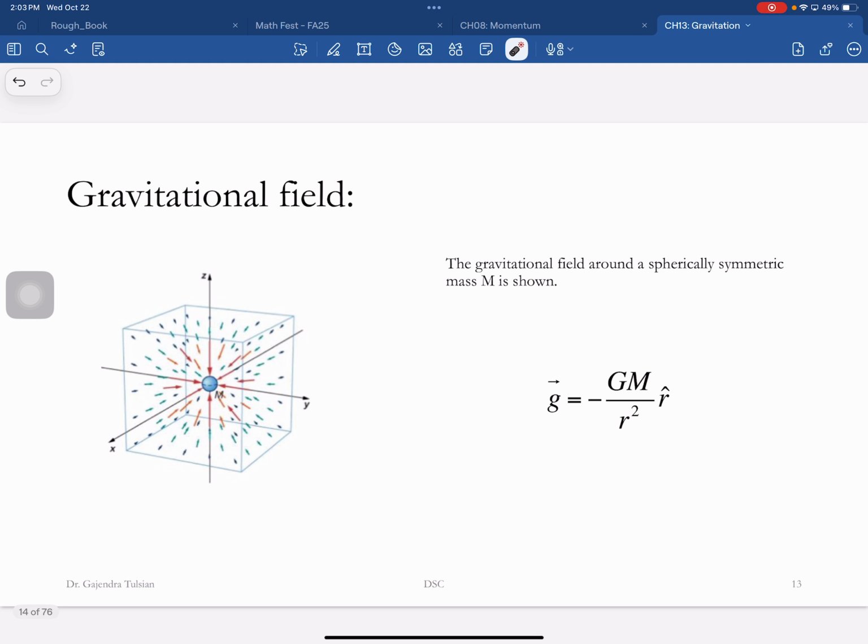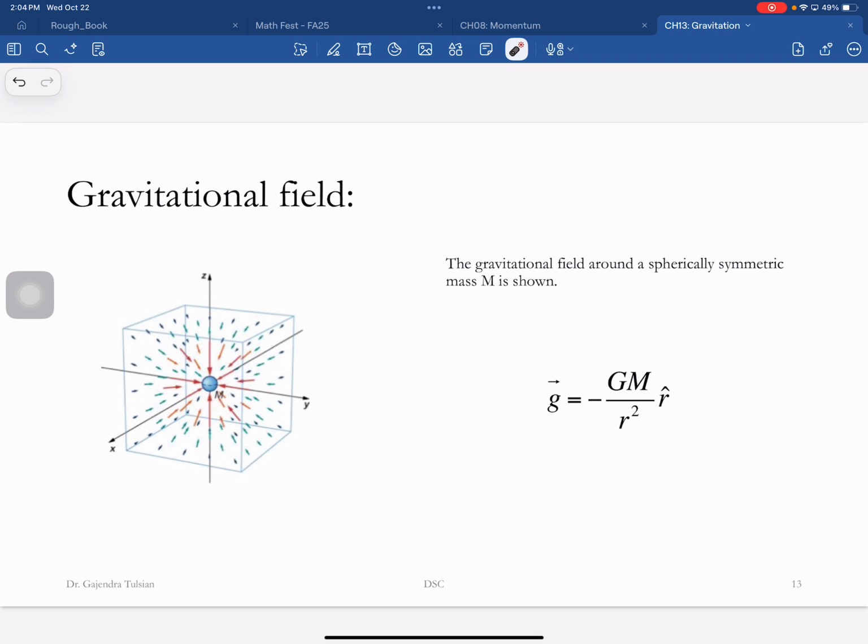So here's a map of that. What this tells you is, this arrow tells you g is always pointing towards the center of the Earth. So if you were to fall from here, you're always falling towards the center of the Earth. And the magnitude of this arrow tells you the value of g at that location. So the magnitude of this arrow on the surface is 9.8 meters per second squared.